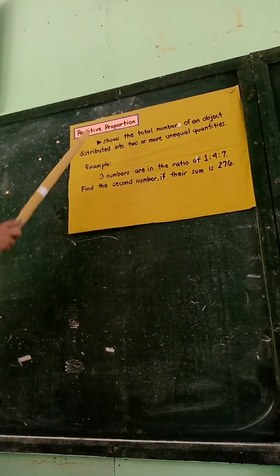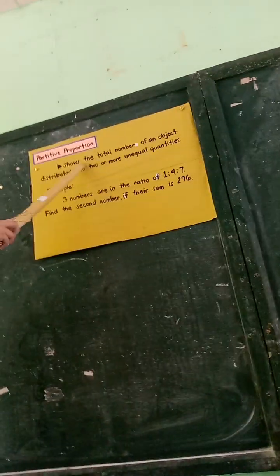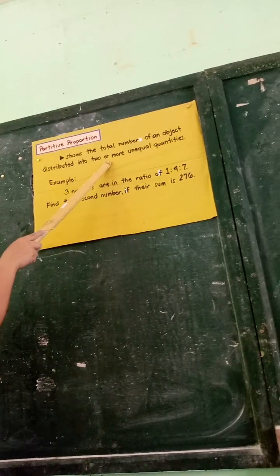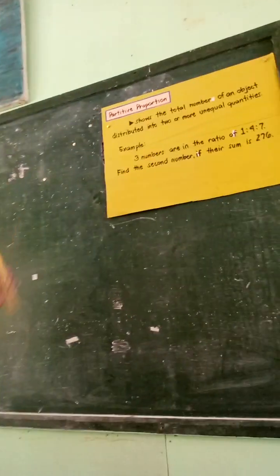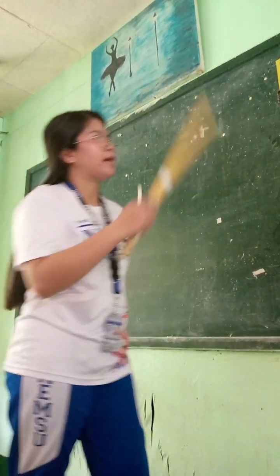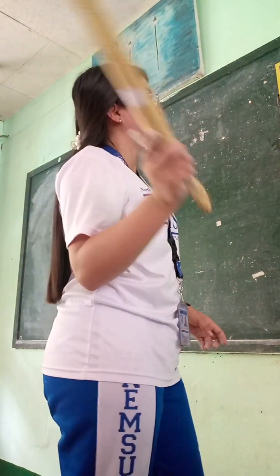Please read, everyone. It shows the total number of an object distributed into two or more unequal quantities. So this means that in a partitive proportion, ang total number niya is divided into different quantities.